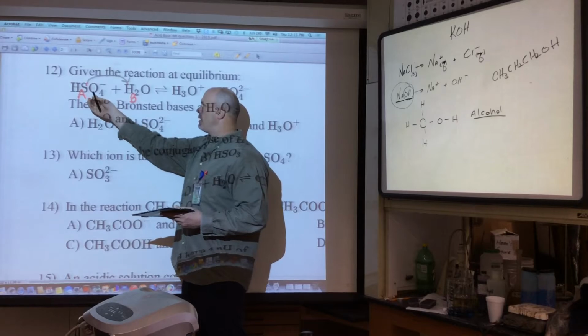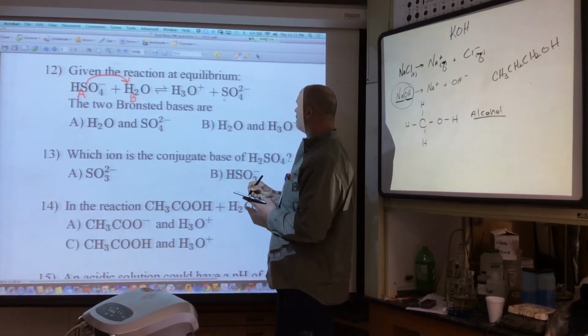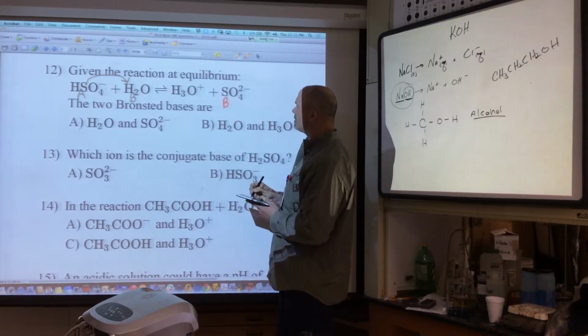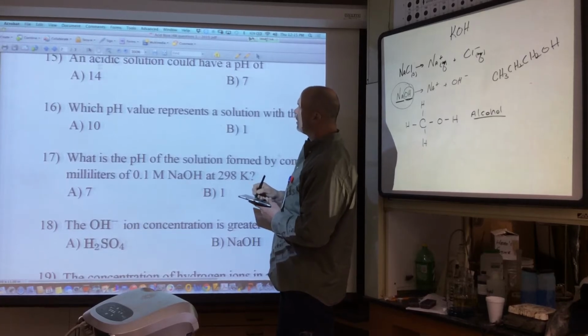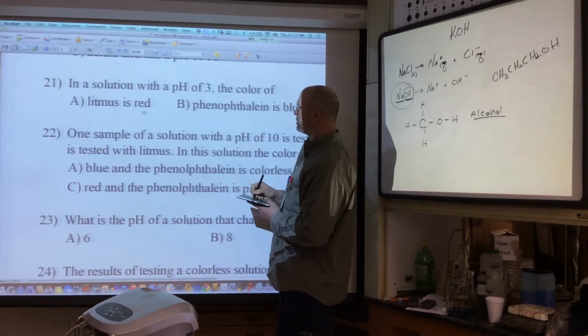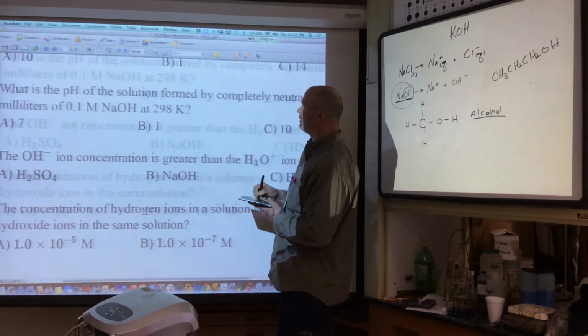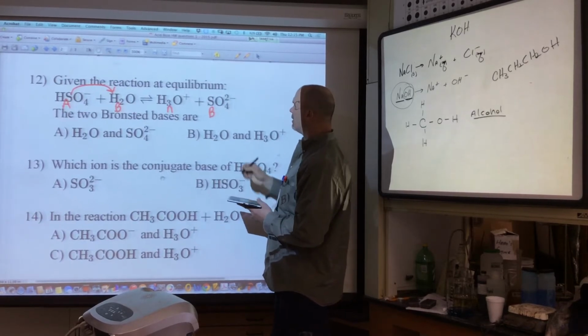This one accepted. It's a base. If it's an acid on this side, it's a base on the other side. If it's a base on this side, it's an acid. And if you don't believe me, go back in the reverse.